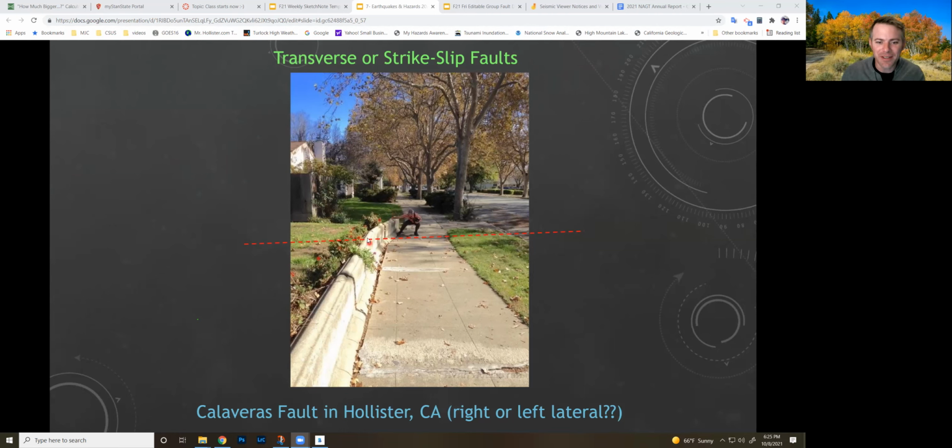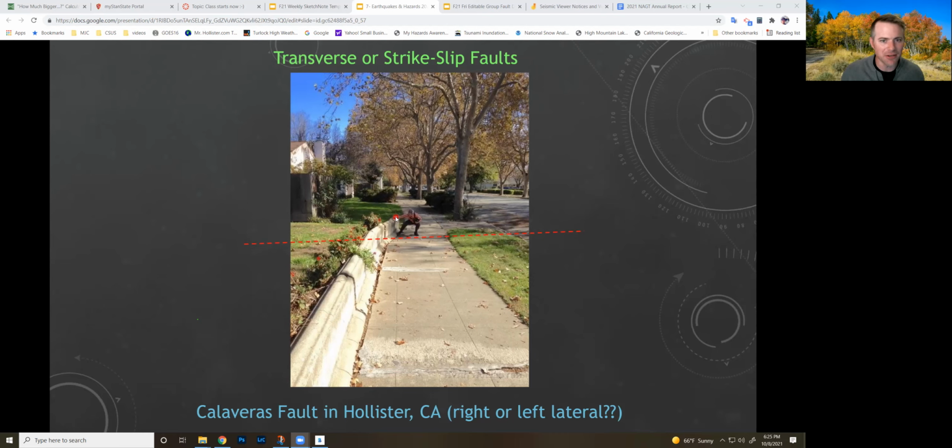And so this is also a right lateral fault running right down the middle of the town. And I look like I'm trying to pull the fence there, but really this helps us understand exactly how fast the fault is moving, because when it was a straight, nice fence, it's now been offset by like 3 or 4 feet in the past 80 years.